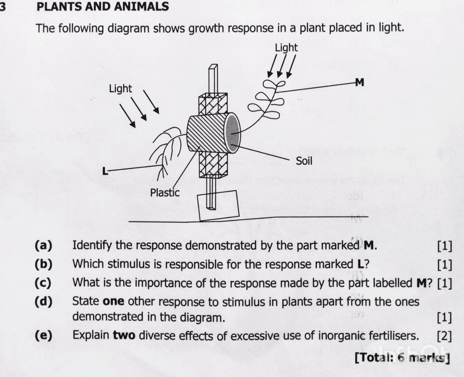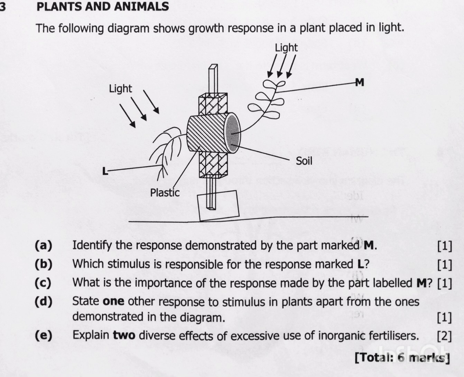So you say it maximizes the plant's exposure to light needed for photosynthesis, or it helps a plant to move towards light which is needed for photosynthesis. Then question D: state one other response to stimulus in plants apart from the ones demonstrated in the diagram.